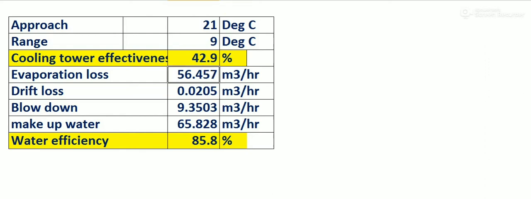If you reduce the airflow to the cooling tower, definitely our evaporation loss will come down, and makeup also we can add lesser. So losses will be very less by adjusting the blade.